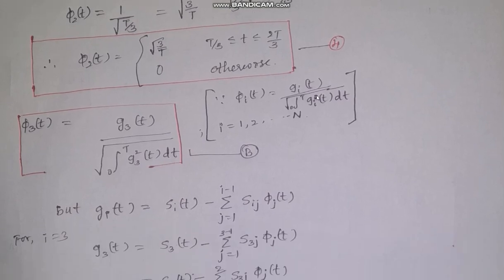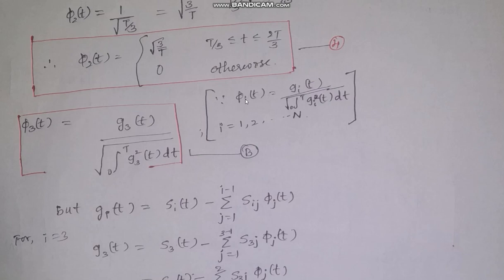orthonormal basis function. The general equation, as I have said already, is phi i of t is equal to g i of t divided by the square root of the integration from 0 to t of g i of t whole square dt, where i is equal to 1 up to n. So 1 and 2 we have already calculated, phi 1 and phi 2.